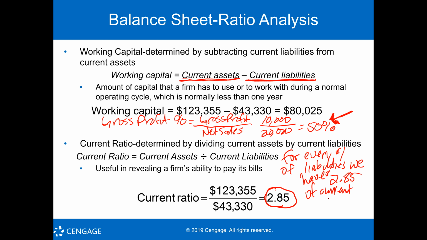So we almost have 3 times as much current assets as we have current liabilities. If we think about the standard ratio format, 2.85 to 1. Again, for every $1 of liabilities, we have $2.85 of current assets.